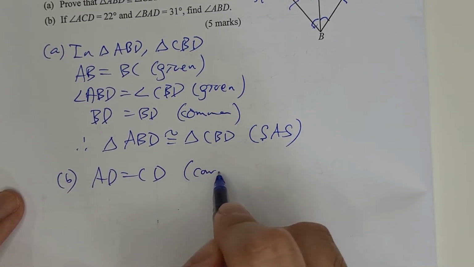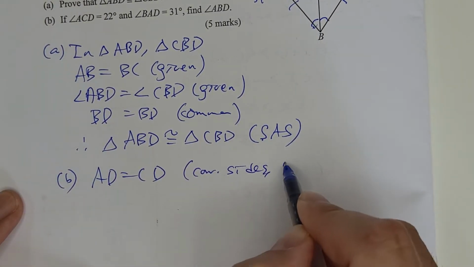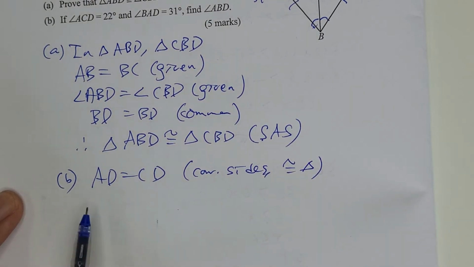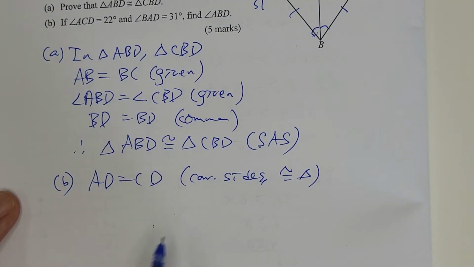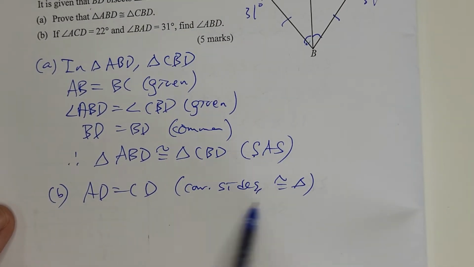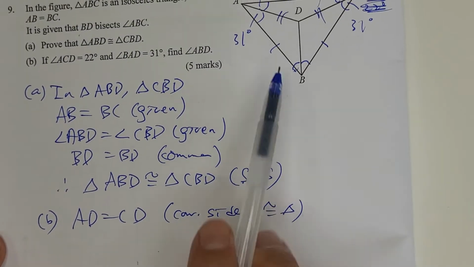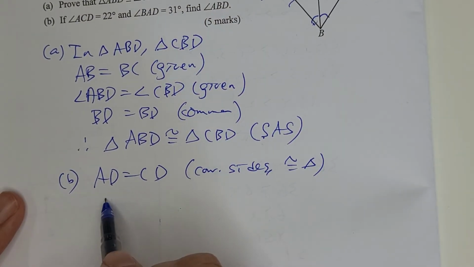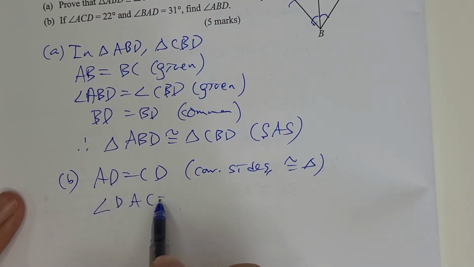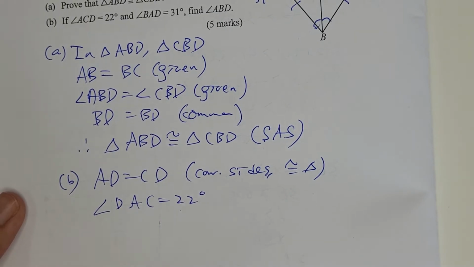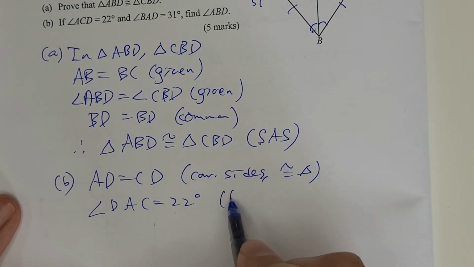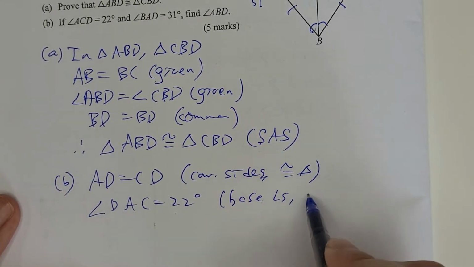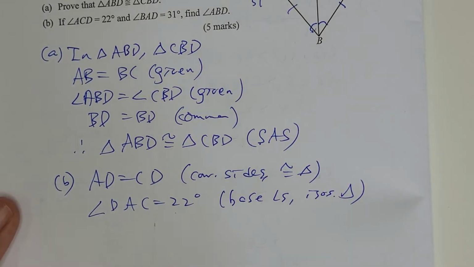That is a corresponding side of congruent triangles. Like in part B, you are just doing the calculation, so there's no need for you to write down any reason. Just showing it for reference. Since these two lengths are equal, therefore these two angles are equal. Angle DAC equals 22 degrees also, that is base angles of an isosceles triangle.